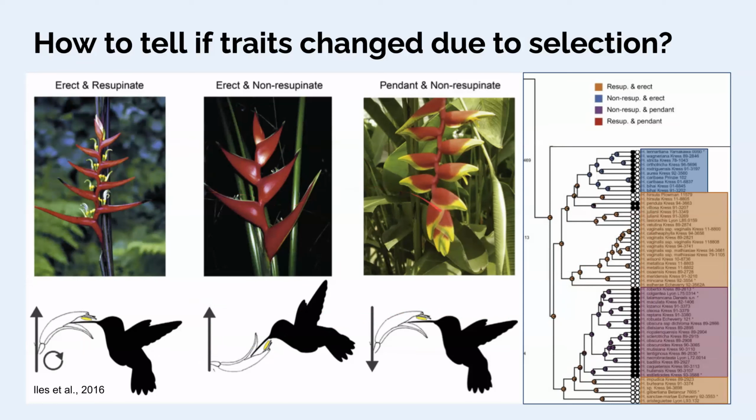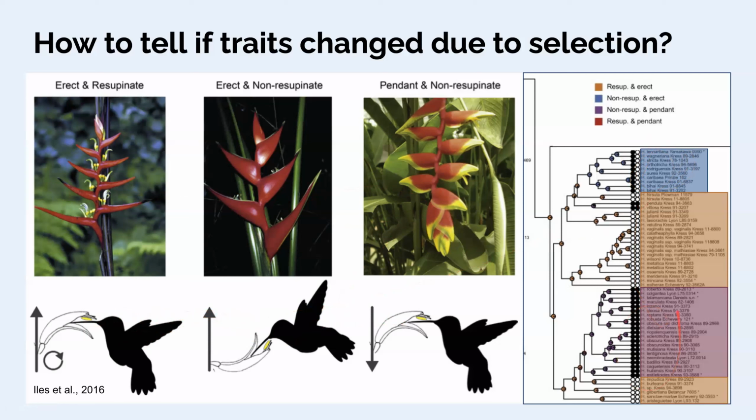And then these other ones became that way by switching basically to optimize their pollen presentation, or maybe to avoid competing with this kind of pollen presentation. So the same hummingbird could visit both kinds of flowers and get pollen from two species on two parts of its body. That's a pretty good way to avoid competition. So one change here to the blue, which is non-resupinate and erect.